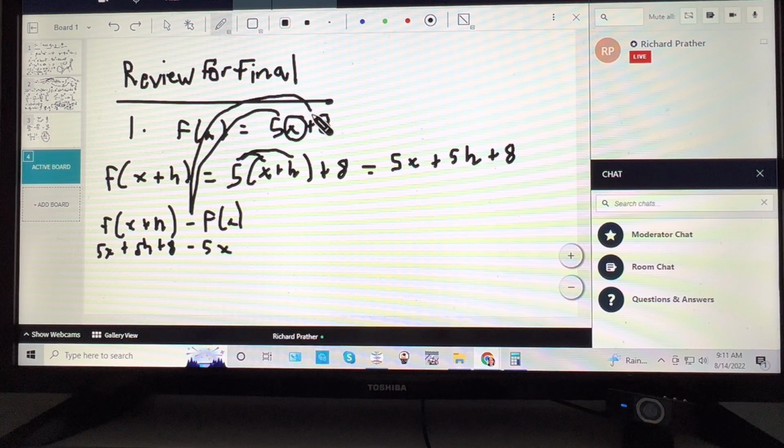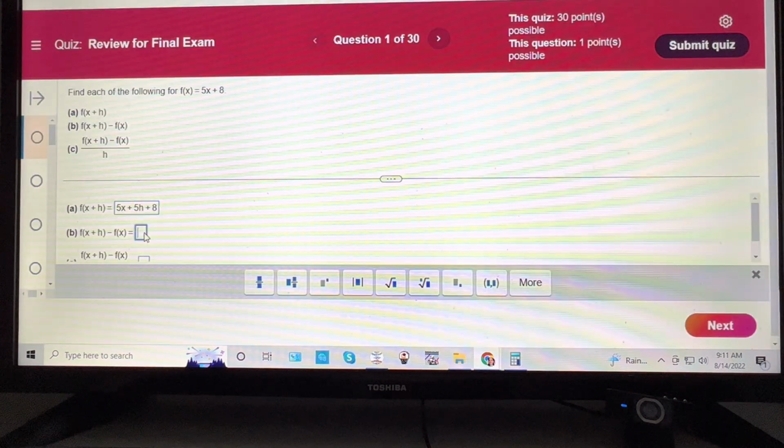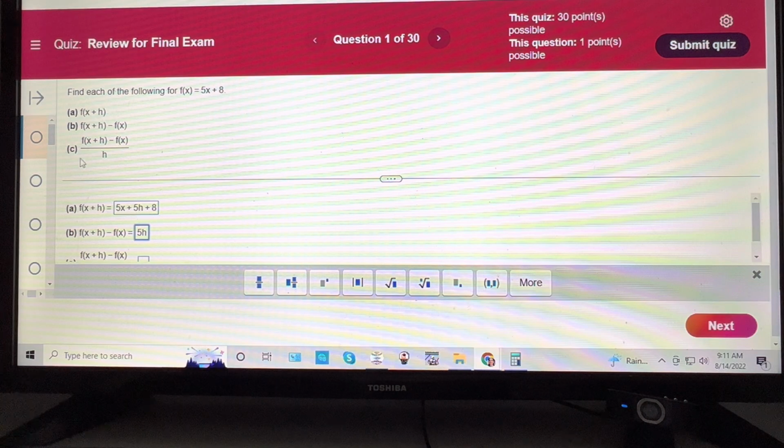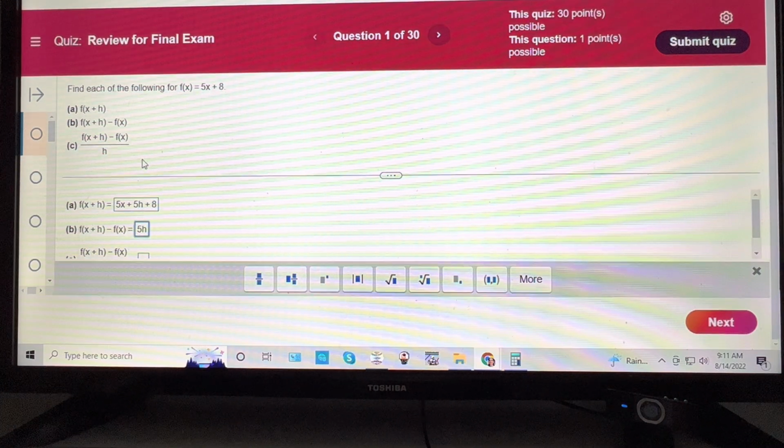The 8 will switch to negative 8. There's two terms there. They should both cancel, whether you have one term, two terms, three terms, however many you have in the second half, the f of x. They should always cancel stuff from the first half. And in this case, literally all that's left is 5h. And then you can divide by h, 5h over h.